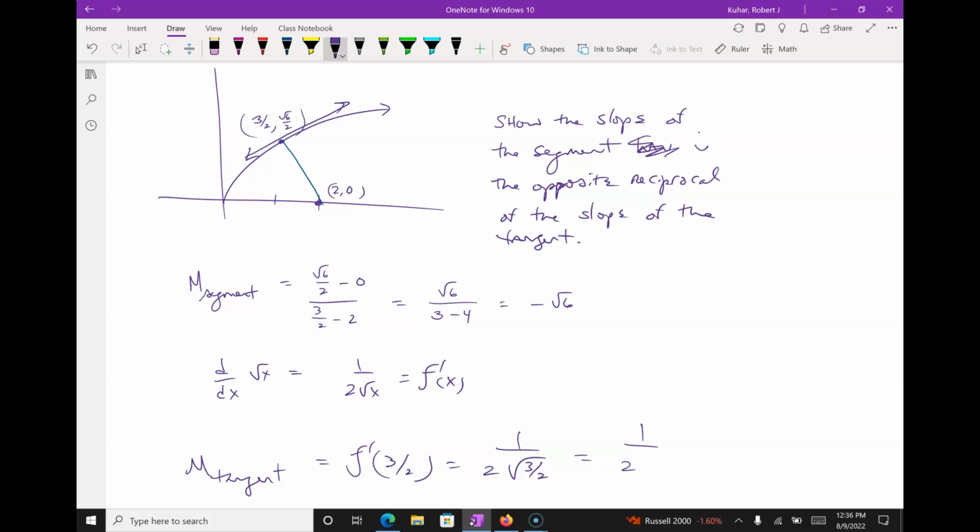So 1 over 2 square roots of 6 over 2. That's 1 over square root of 6. Look at that. I already know it's opposite. One slope is negative, one slope is positive. And it's definitely reciprocal. One is square root of 6, the other one is 1 over square root of 6.